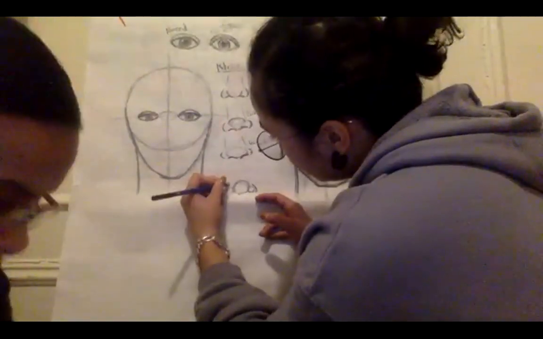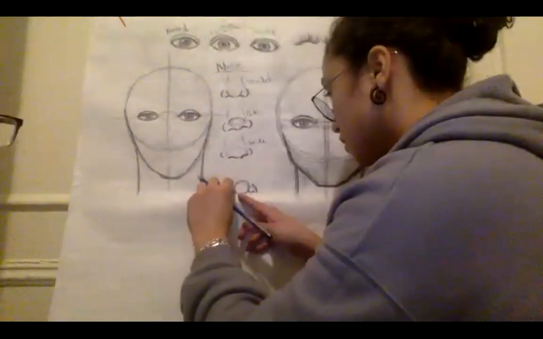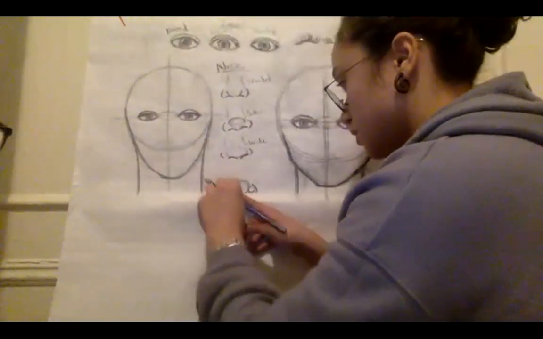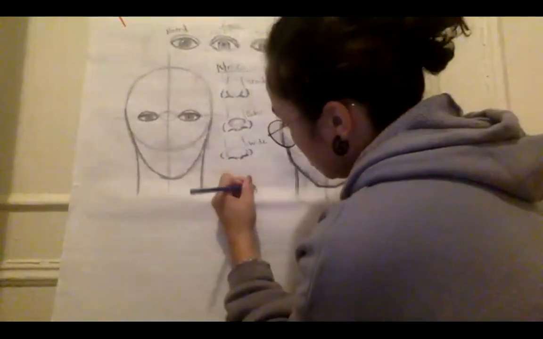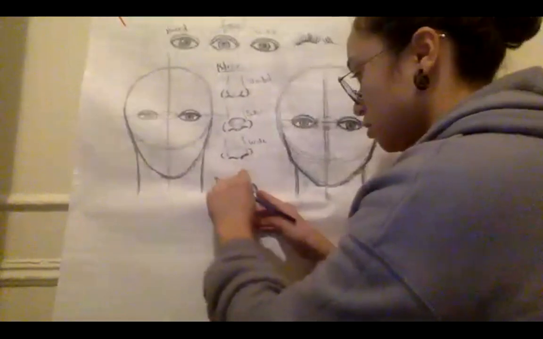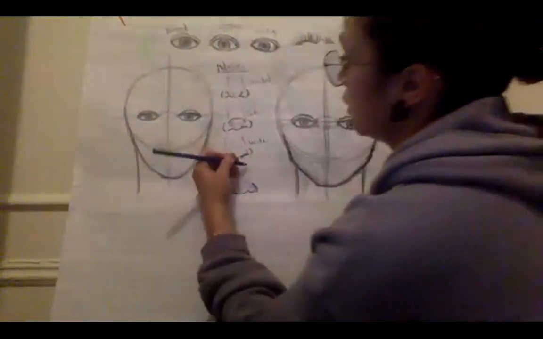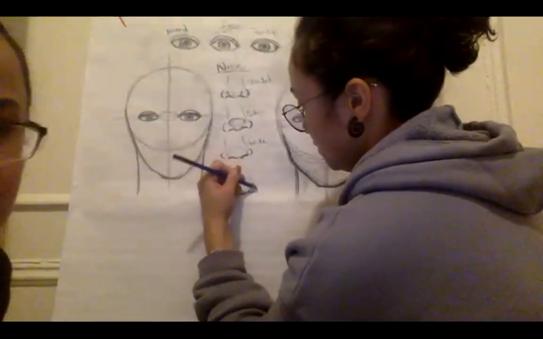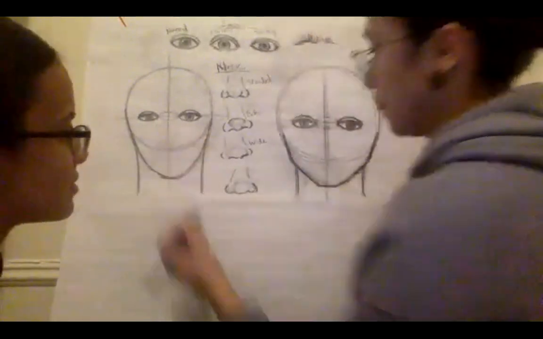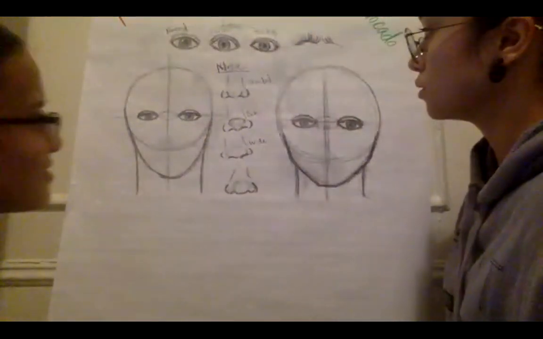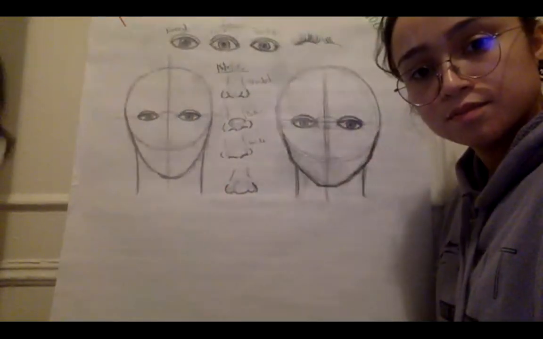So parentheses. It's a different nose. And then you erase the sides of the circles. And from there, you do your bridge. Nice. Okay. I'm gonna try it on another page of paper before I put it on my face.